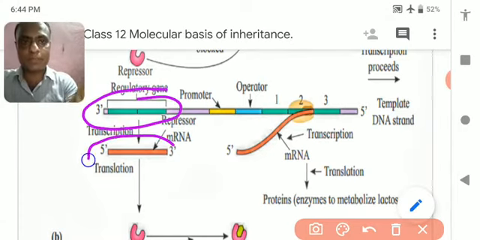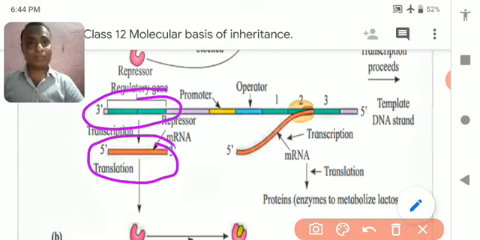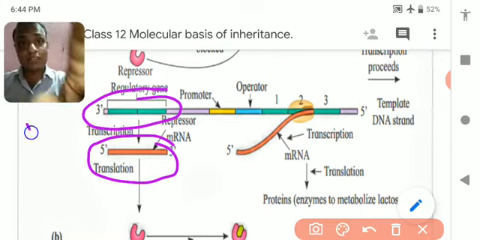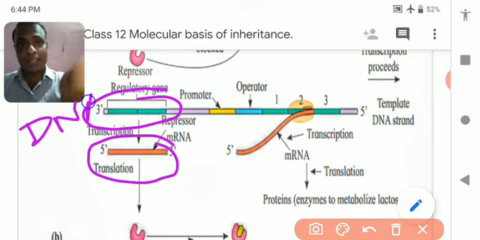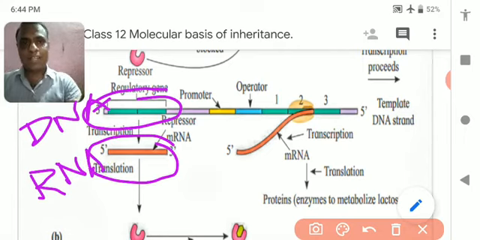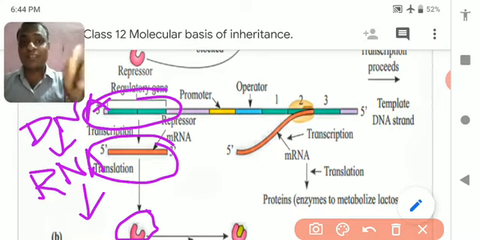Regulatory genes produce a particular kind of mRNA. Genes are a part of DNA, remember this. It is a part of DNA, and from DNA, RNA is produced. It is a part of RNA, okay, and from RNA, protein is produced. Central dogma: DNA forms RNA, RNA forms protein.